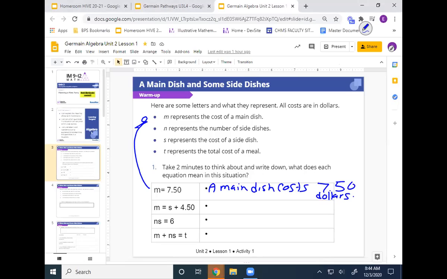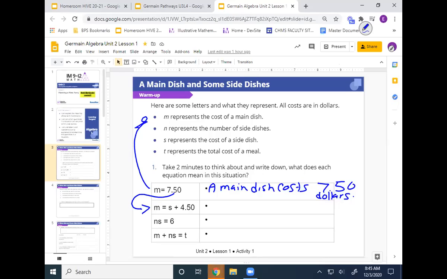Max said for number 2 that a side dish costs $3. Okay, so Max substituted in this $7.50 for M, but that's not exactly what it was asking you to do. It didn't ask you to substitute in that 750. We're just looking at it more broadly.